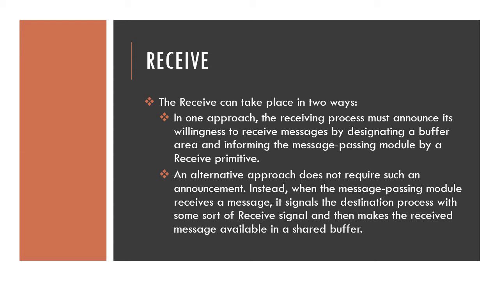An alternative approach does not require such an announcement. Instead, when the message passing module receives a message, it signals the destination process with some sort of receive signal and then makes the received message available in a shared buffer.